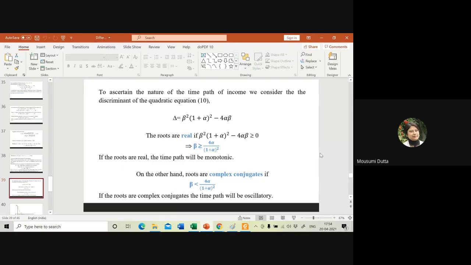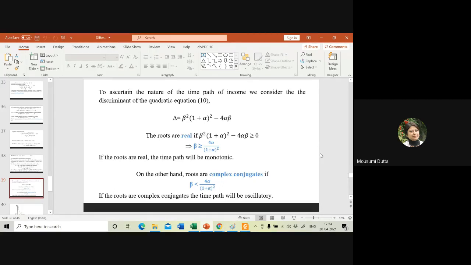So once you understand up to this, you need to plot two curves in the alpha beta plane. One curve will be alpha into beta is equal to 1. Another curve will be beta equal to 4 alpha by 1 plus alpha whole square.